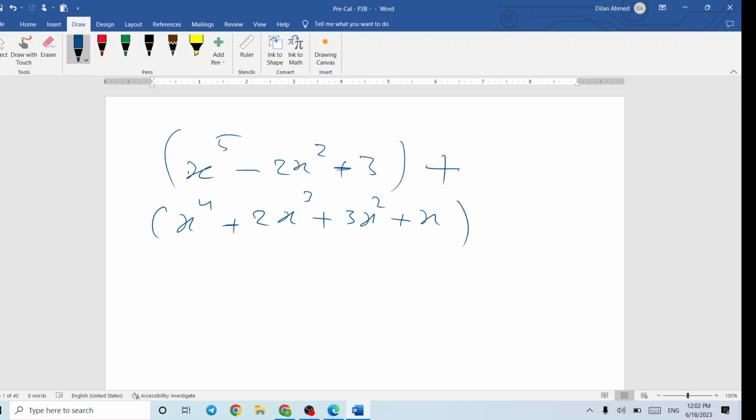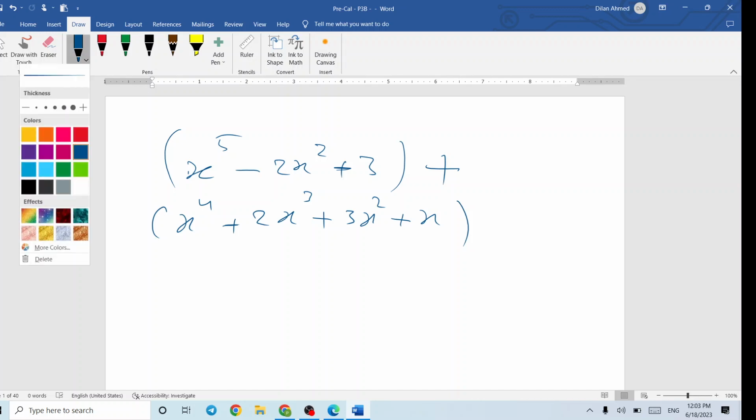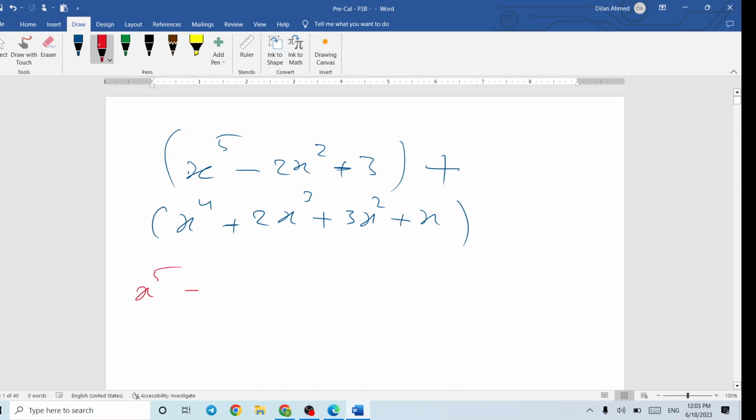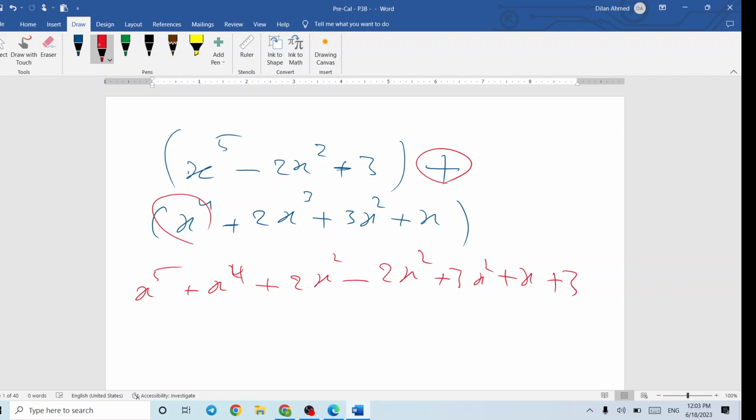How do we add these two expressions? Both of them are polynomials, and it's the simplest one. Why? Because in our mind or on paper, we need to organize them, order them. For example, descending: x to the power 5, x to the power 4, x to the power 3, x squared, x, plus 3. Am I right? We just organize them.